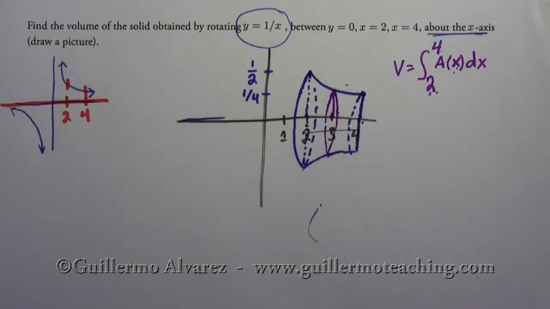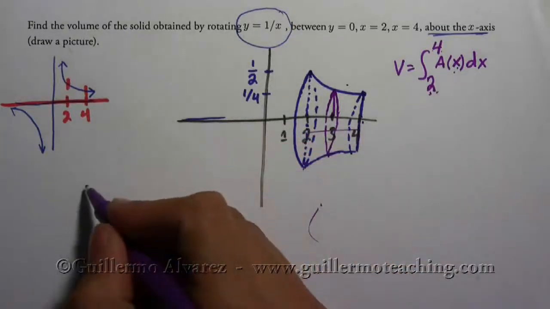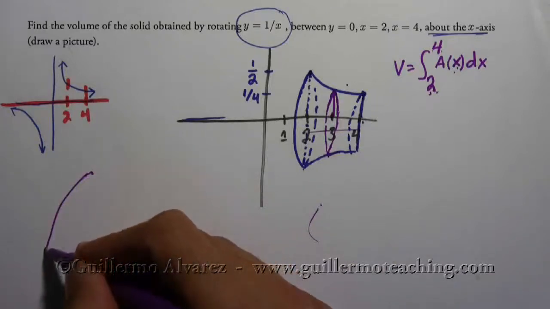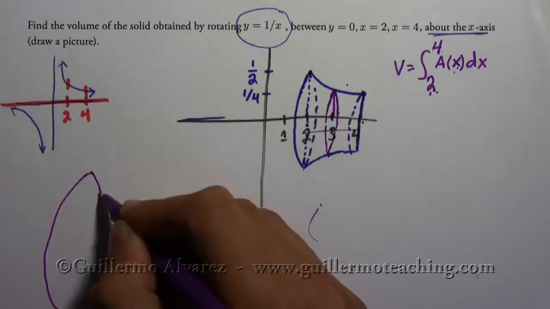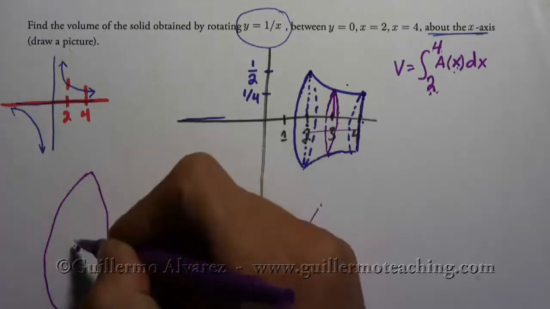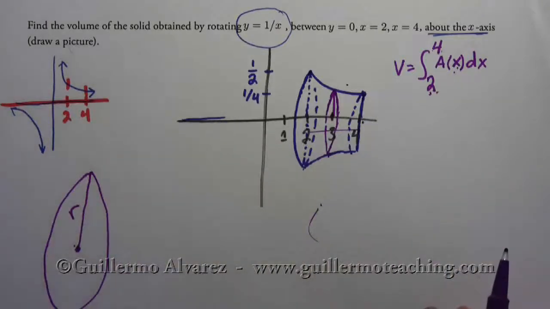Now let me blow up this purple disc over here. This is a circular disc with a radius we'll call little r.